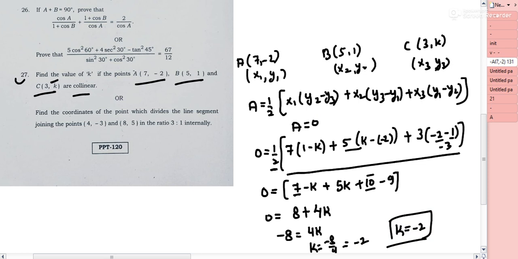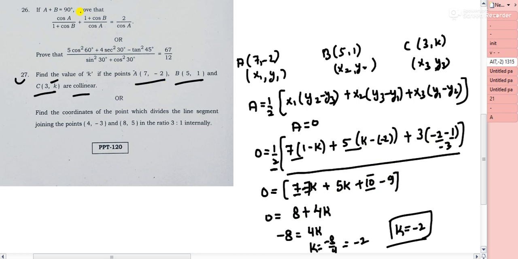Got it? Okay, so is it correct? Let me check it again. Here 7 ones are 7 minus 7k. Okay, so this becomes minus 7k, sorry. And this is 5k plus 5 twos are 10 minus 9. This is correct. So 10 minus 9 is 1, 1 plus 7 is 8. But what about this? Minus 7k plus 5k is what?